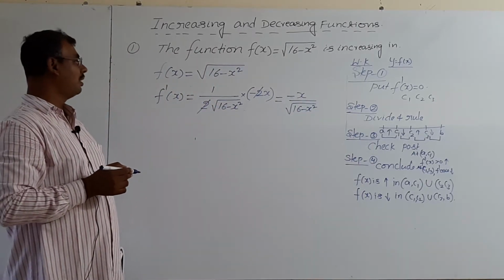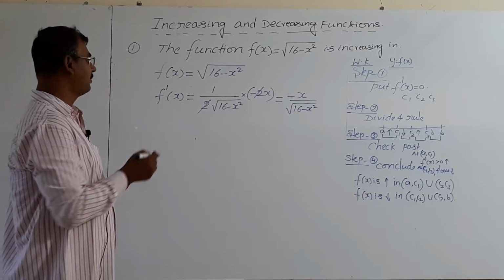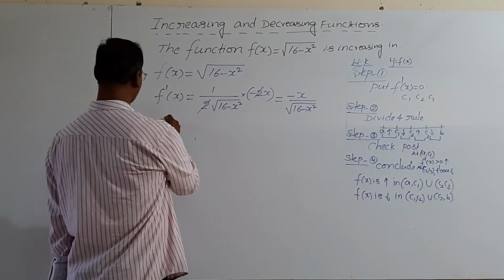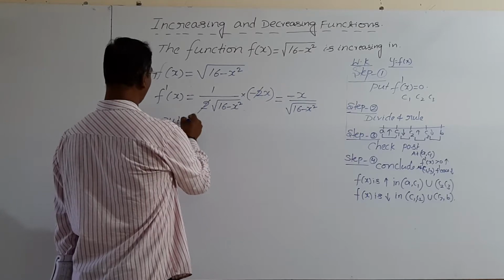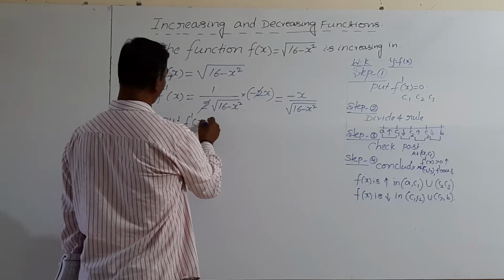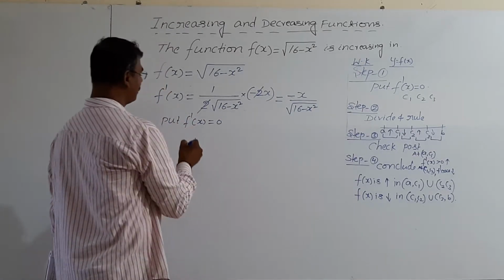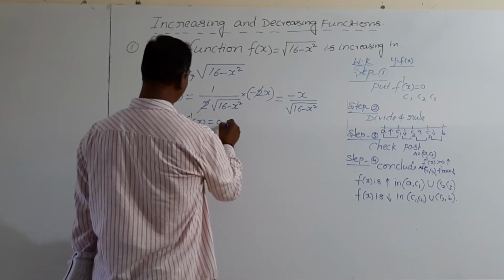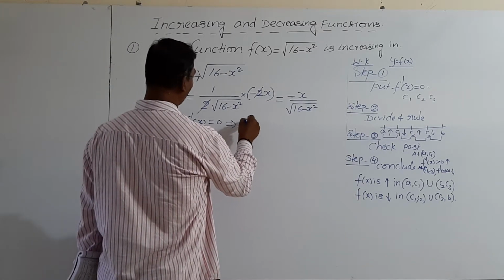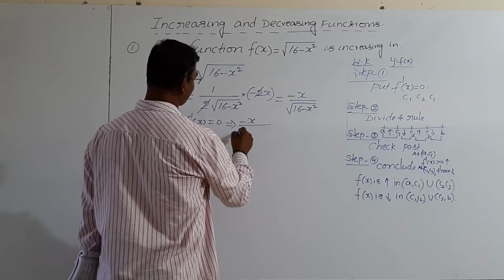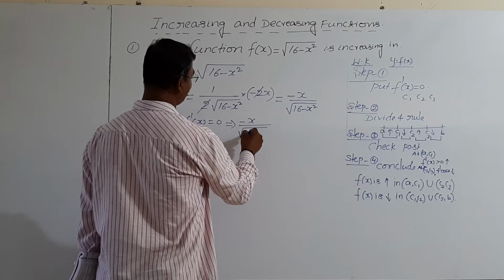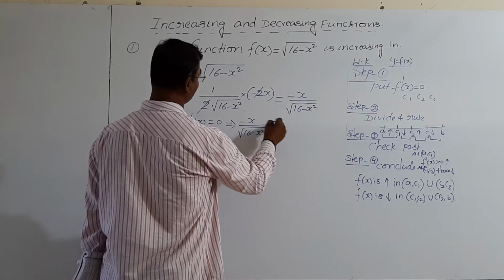Now, find the roots. So, put f dash of x equal to 0. This implies minus x divided by square root of 16 minus x square equals 0.